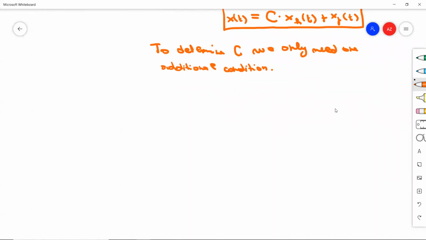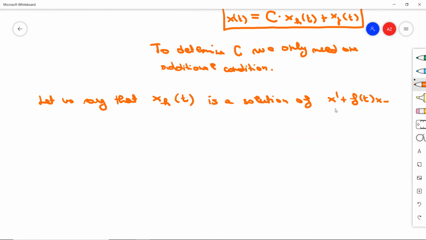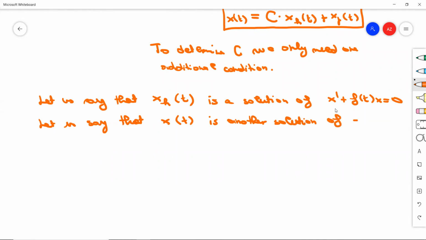So what we have to do, let us say that x_h is a particular solution of the homogeneous part, so x' plus f(t) x is equal to 0. And let's say that x(t) is another solution of this same equation.